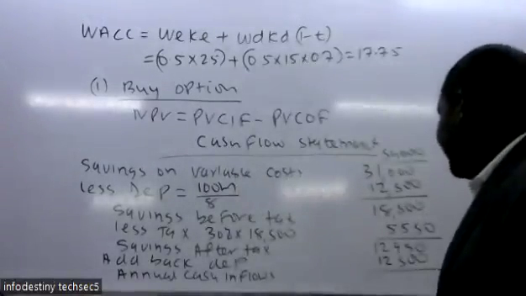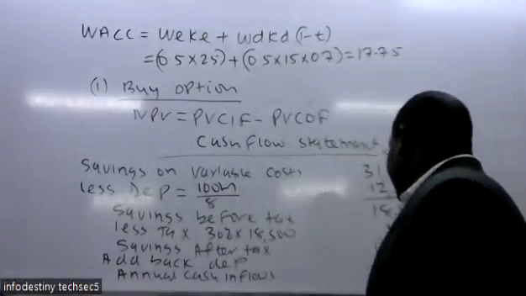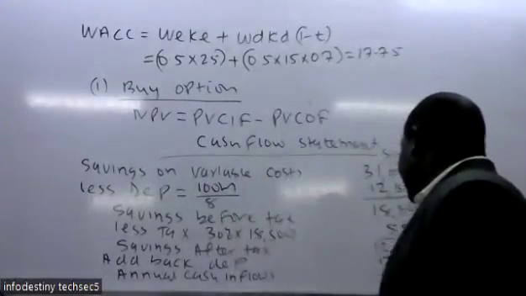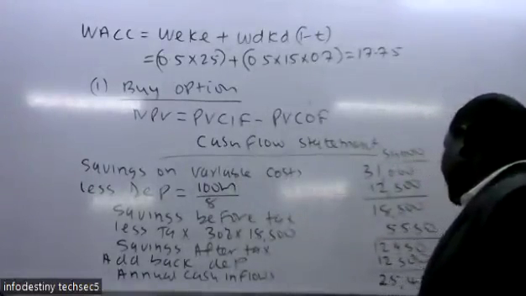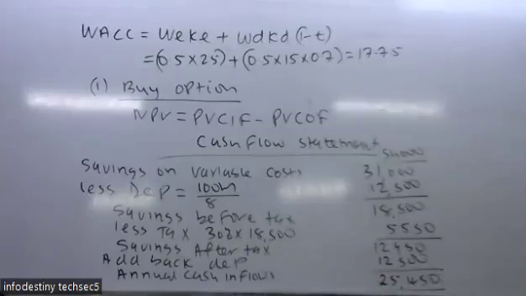So it should be 20. So that is now the cash flow that we should be discounting.